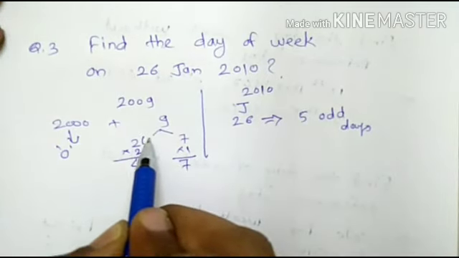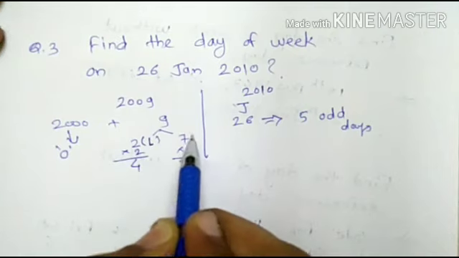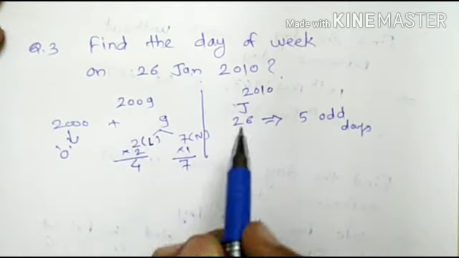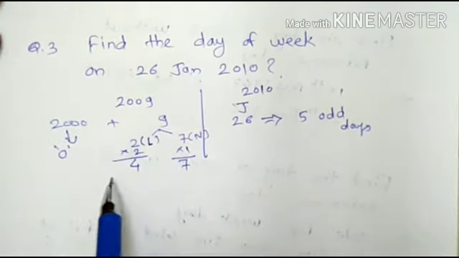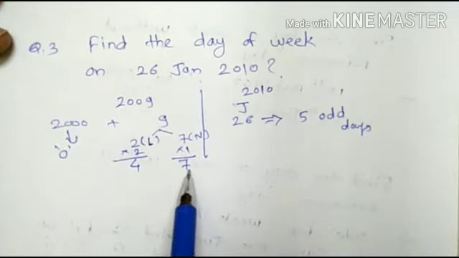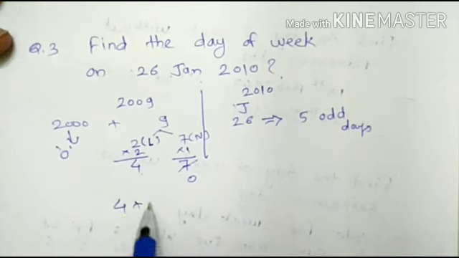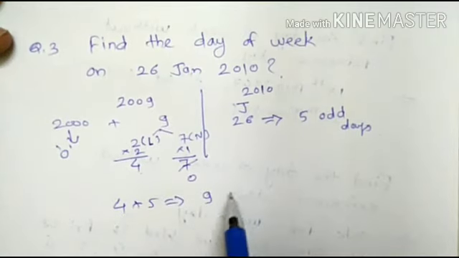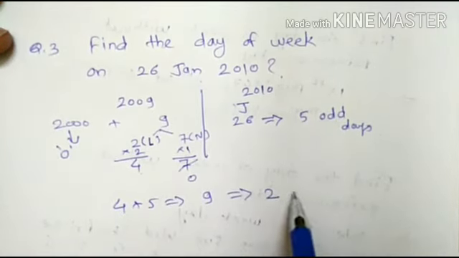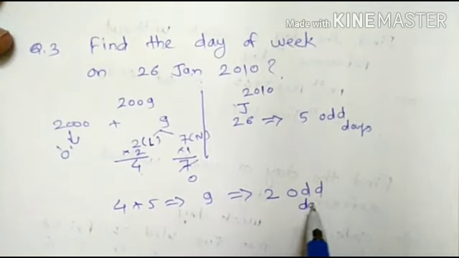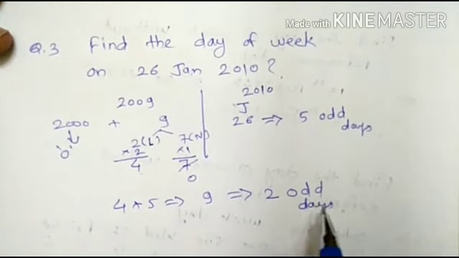To avoid confusion, we write L for leap year and N for non-leap year. Here the total number of odd days is 7, which means 0 odd days. 4 plus 5, the total is 9. 9 means 2 odd days. So we got 2 odd days.